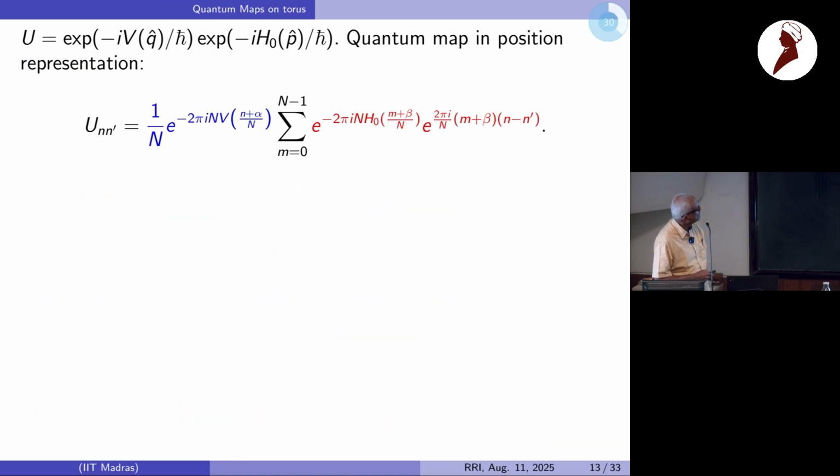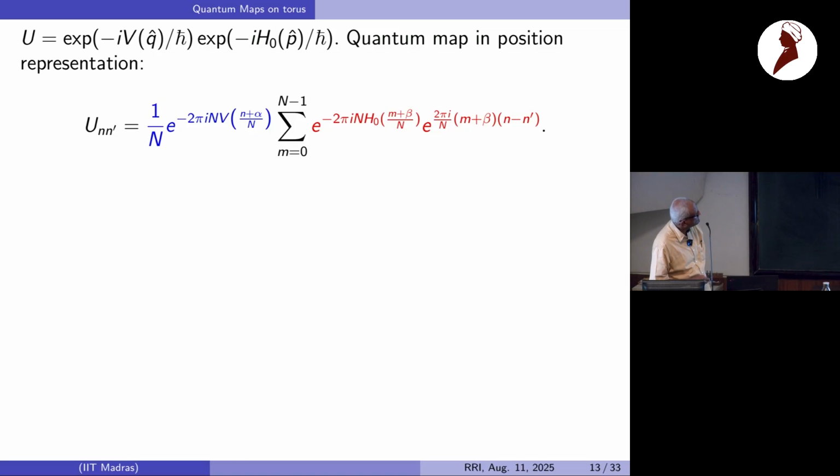Okay, so now we will define quantum maps like this in a total phase space. So quantum map in position representation, we will just take the H zero, which is a function of momentum, and instead of putting the momentum, we'll put these discrete values. Then to find the position representation, we have to do a Fourier transform, which is a discrete Fourier transform.